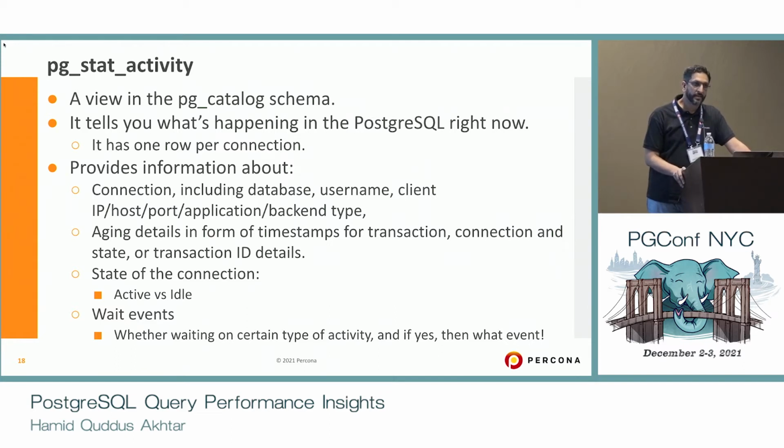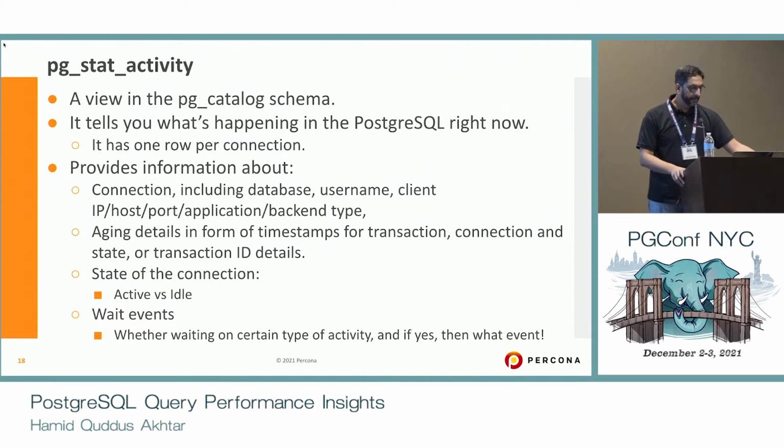What are the backends or the clients that are connected with it? What are they up to at this point in time? The pieces of information that are useful in analyzing a query are the connection, database and user. So the ability to track back to an application matters, because performance is not just about how the server behaves, but also about the entire chain that you want to understand and then evaluate the performance in that context.